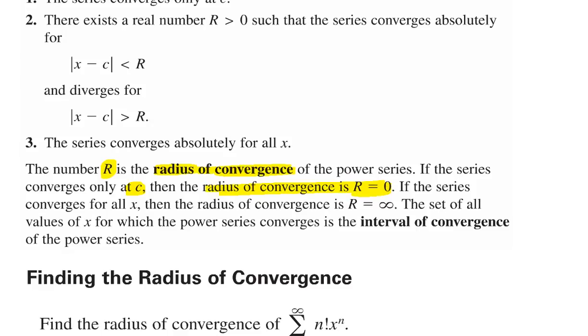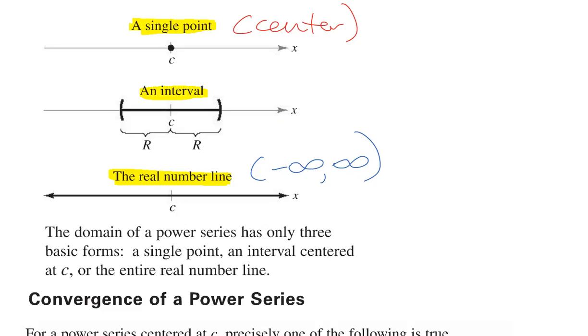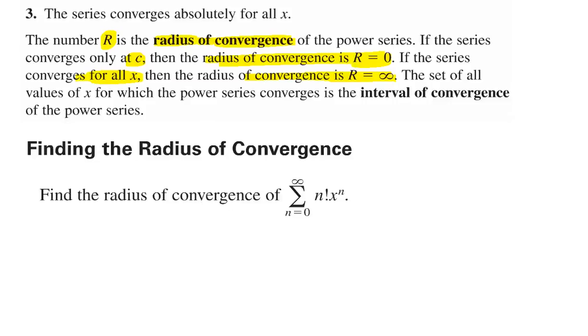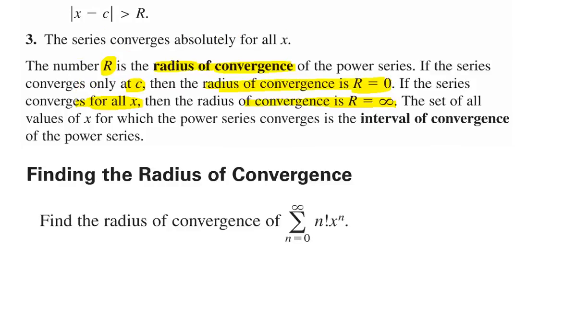Now, if the series converges for all x, then the radius of convergence is R equals infinity. So guys, come back here. So this is your center. If the series is convergent for all x values, what's the distance between the center all the way up to infinity? Isn't that infinity? So that's going to be the radius of convergence.